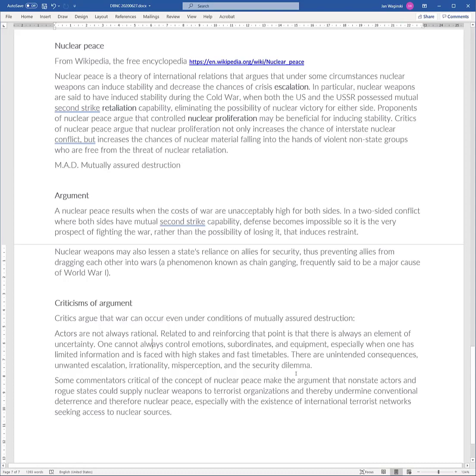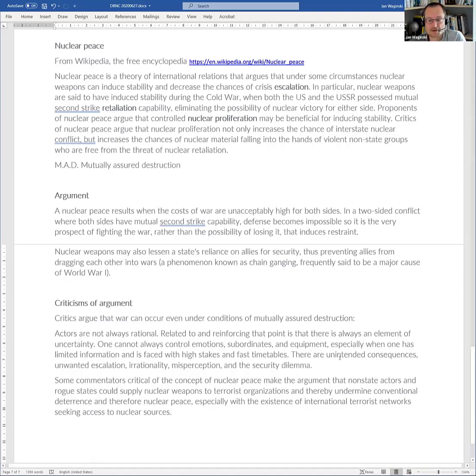One cannot always control emotions, subordinates, and equipment, especially when one has limited information and is faced with high stakes and a fast timetable. There are unintended consequences, unwanted escalation, irrational misperception, and the security dilemma.